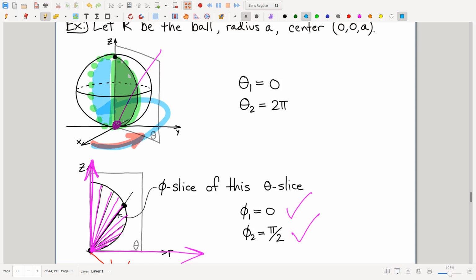That's right. Exactly. And now, why does it matter? Tempting to say, why don't I just let theta go from 0 to pi? And then I'll get that whole cross section all at once, and these values of phi would give me those, and the backwards values of phi would give me the other side. And it's tempting, but it violates one of the rules.